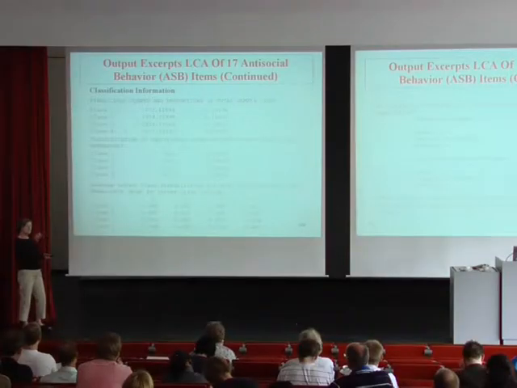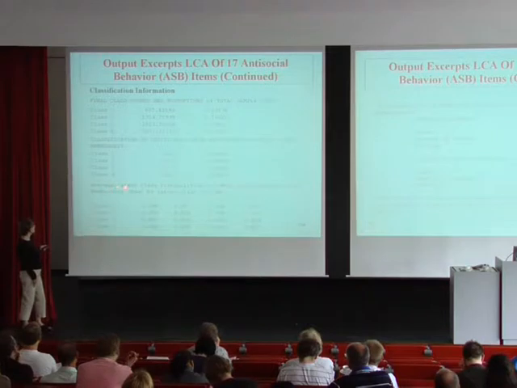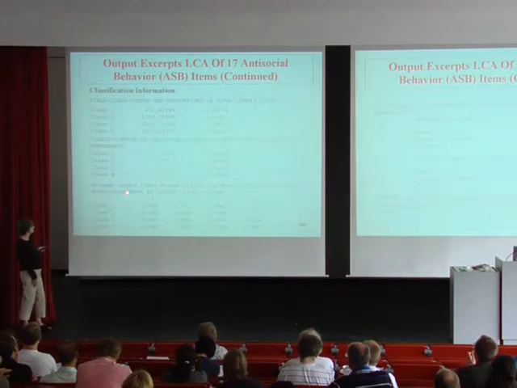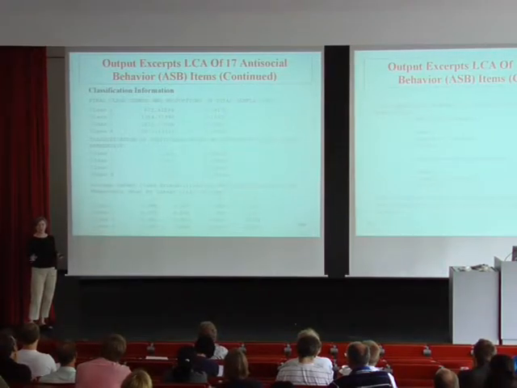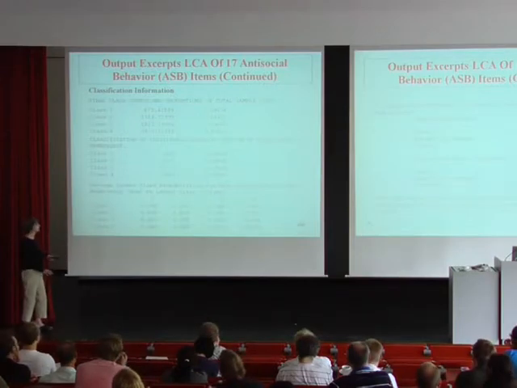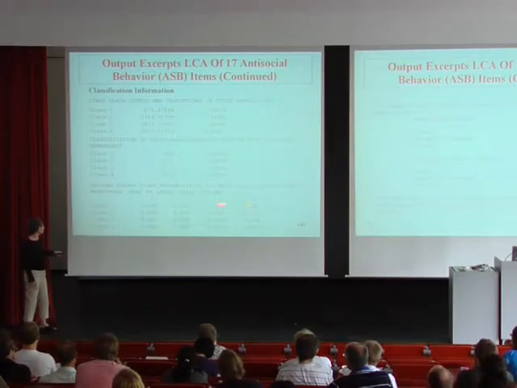Then we give another table, and this is the average latent class probabilities for most likely latent class membership by latent class. Okay, so what does that mean? We worked really hard on that title, and it's still not particularly clear. What is this first row?